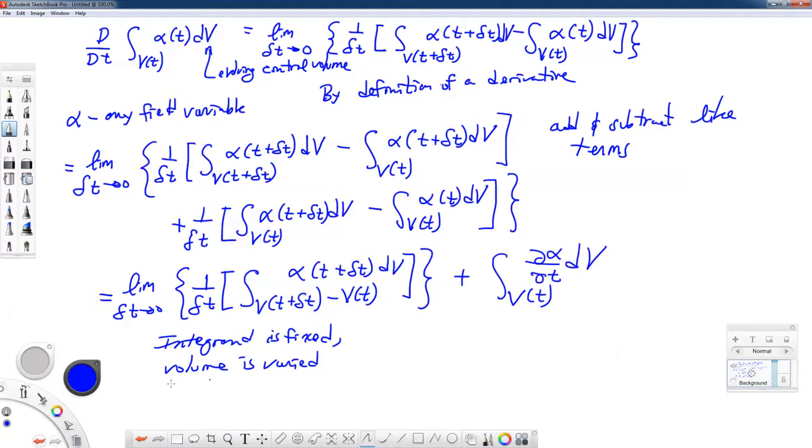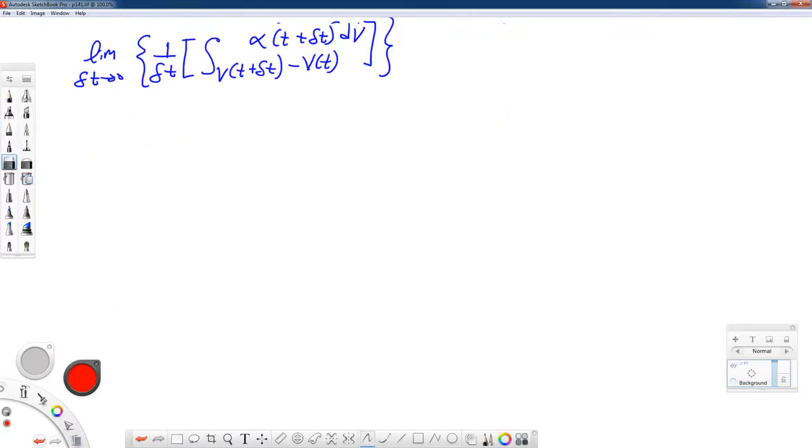Alright, so now we're going to take a look at that first term right here in a little bit more detail. Alright, so I have some blob of material. This is the volume at time t.